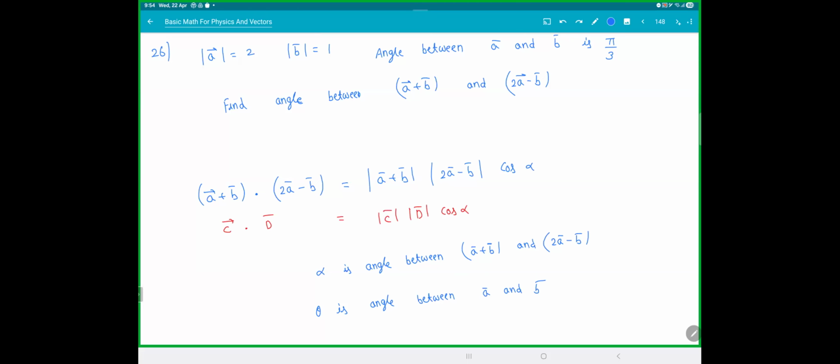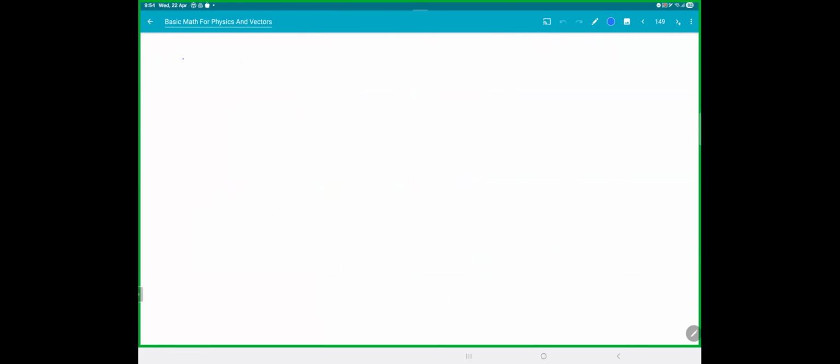Okay, let's see. A plus B dot 2A minus B, it just becomes a little lengthy. Mod of A plus B times mod 2A minus B cos alpha.